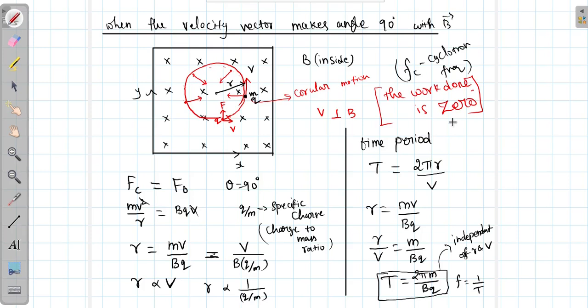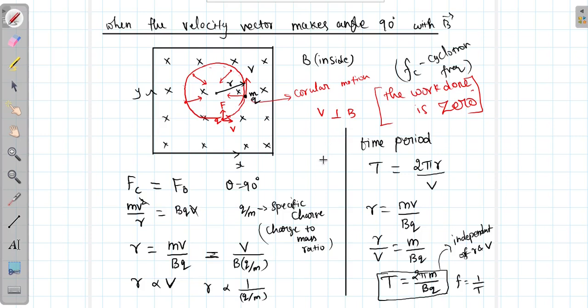Okay, in this particular case, theta is exactly 90 degrees. Work done is zero. So what exactly is done by the magnetic force here?